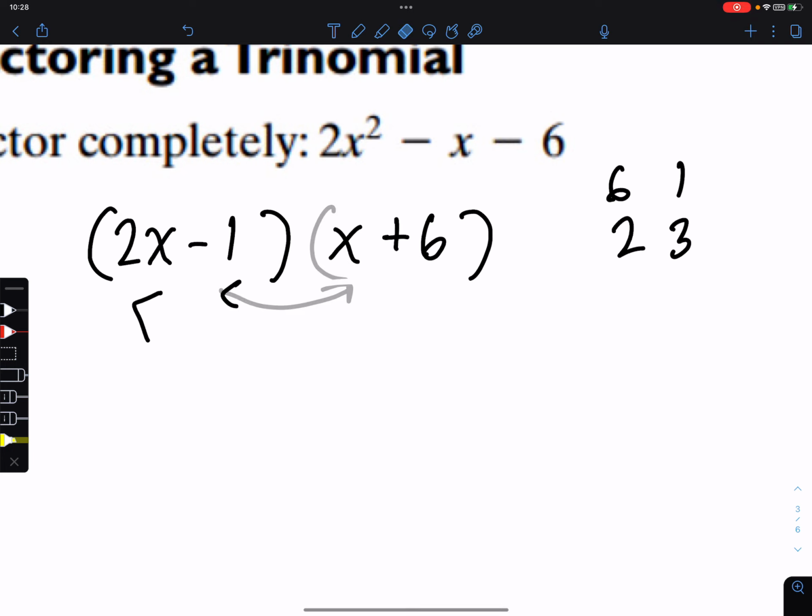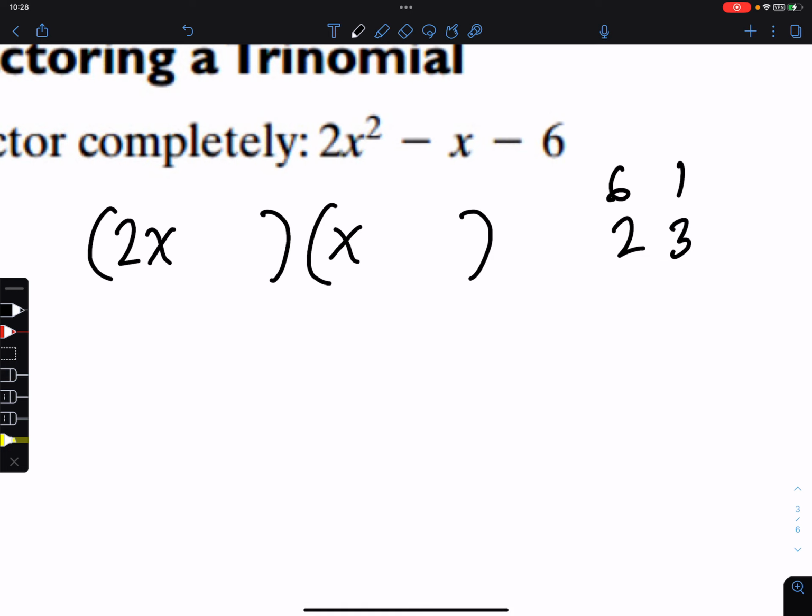And that does not add up to give me -1. So this requires a developing number sense. So since -1 is very small, we might try to make our factors pretty small.